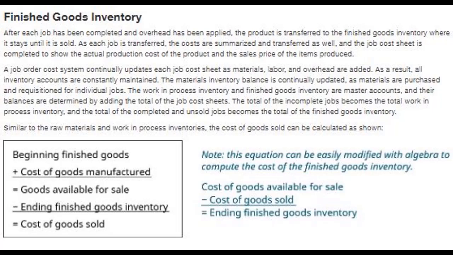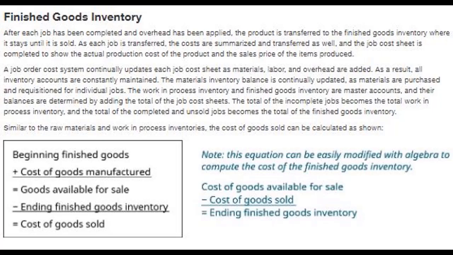Beginning finished goods inventory plus cost of goods manufactured and completed today minus the ending finished goods cookie inventory is the cost of cookies sold today.